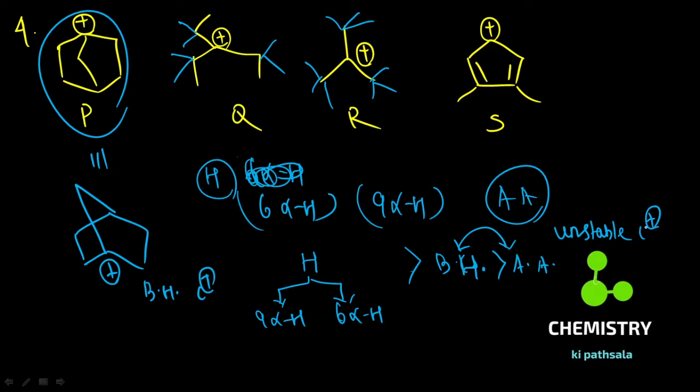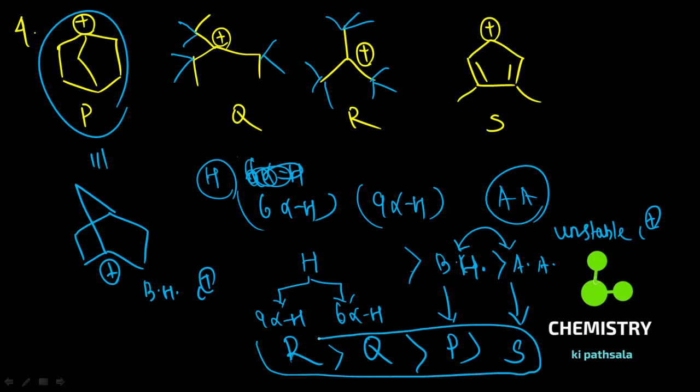So the answer will be 9 alpha hydrogens in case of R and 6 alpha hydrogens in case of Q, bridgehead in case of P, and anti-aromatic compound in case of S. So R, Q, P, S is your answer. Clear?